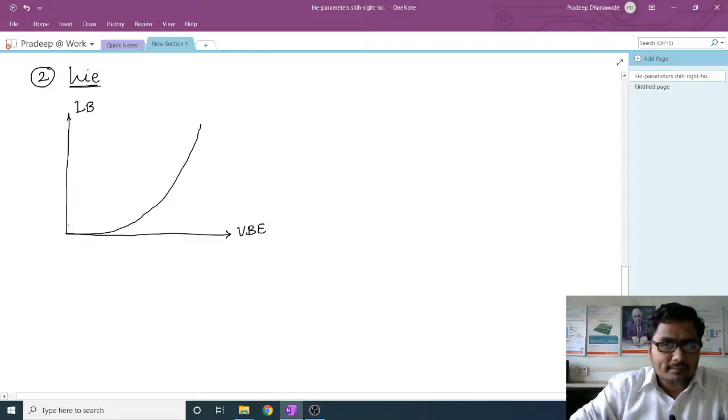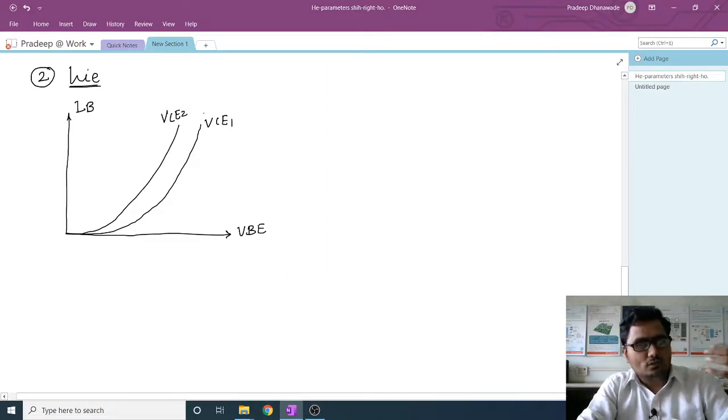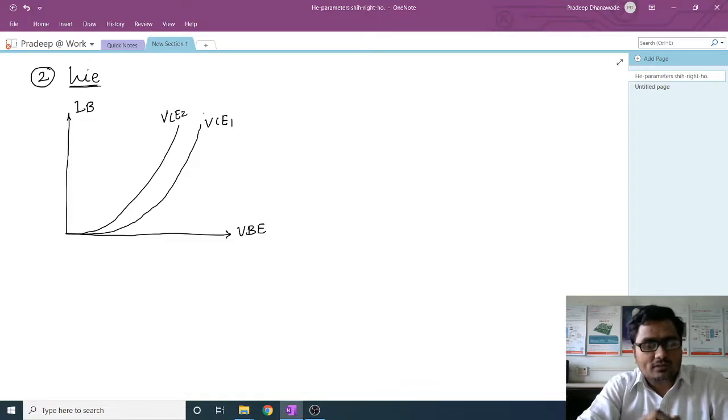Maybe a second observation table may give me a graph like this, and this is my VCE 1, and maybe this is VCE 2. See, I have taken two observation tables and plotted two graphs for input characteristics.